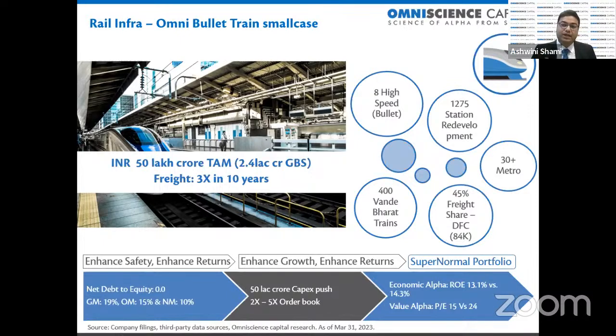Huge TAM, so there is endless growth opportunity. Companies in the portfolio typically have 2 to 5 times their current revenues as order books available to them. So there is no lack of visibility on where the orders are going to come from next year or in the next few years.